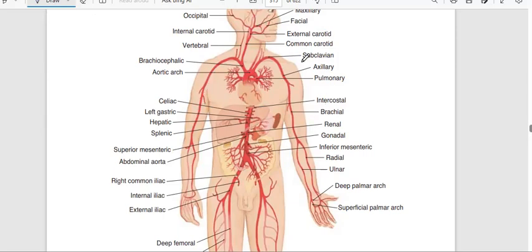Here we have the clavicle bone, so we call it the subclavian artery. Then, coming some more downward, this is called the axillary artery. Because of the axillary region, we call it the axillary artery.